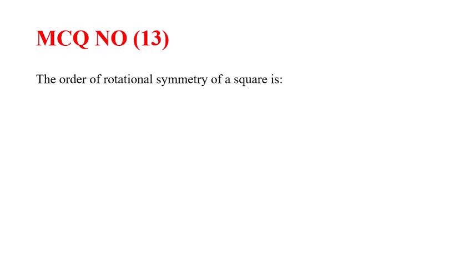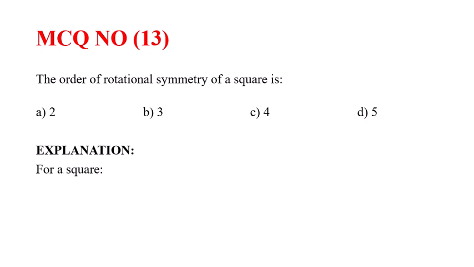MCQs number 13. The order of rotational symmetry of a square is. The required options are: option A is 2, option B is 3, option C is 4, and option D is 5. Explanation: this tells us about the rotational symmetry of a square.